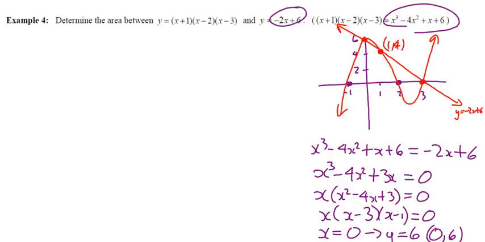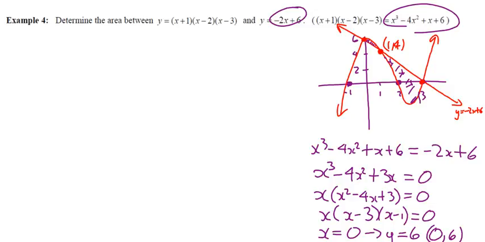So if I want the area between these two curves, I've got two areas to work out. In one of those areas, the cubic is above, and for the other area, the straight line is above. Okay, so let's do this.